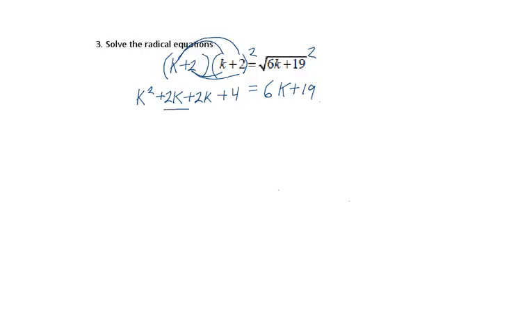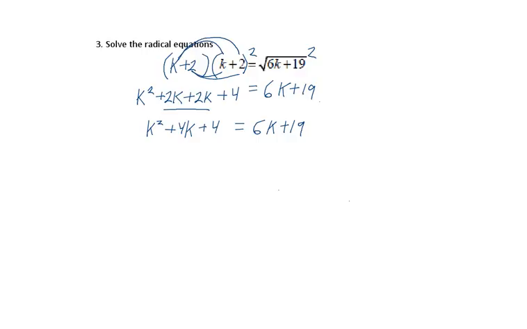Well, notice that 2k and 2k are able to add up to become 4k. Not a problem. k squared plus 4k plus 4 still equals 6k plus 19. At this point, you may notice there's a power 2, as in k squared.